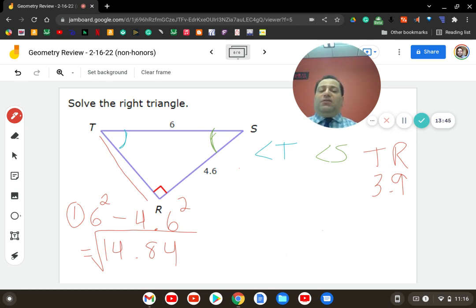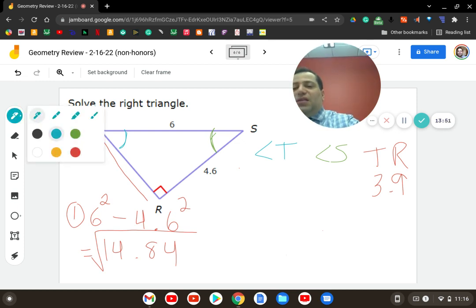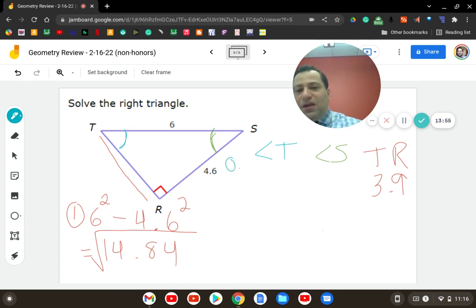Now looking at the angles, if we start with angle T, I know from angle T that 4.6 is the opposite side, and 6 is the hypotenuse. Opposite over hypotenuse is going to be sine, and because we're looking for the angle, we're going to use inverse sine.